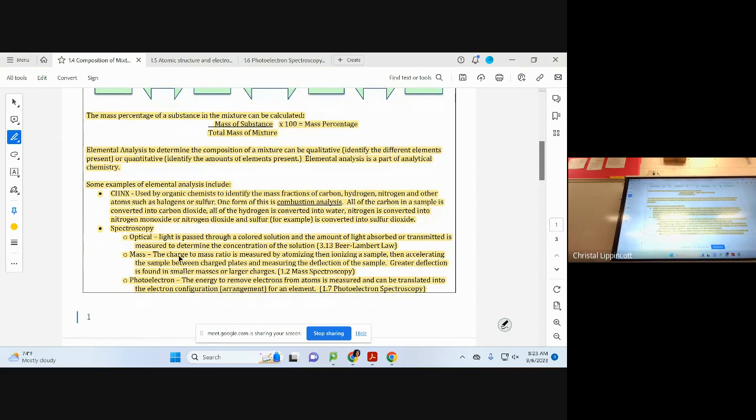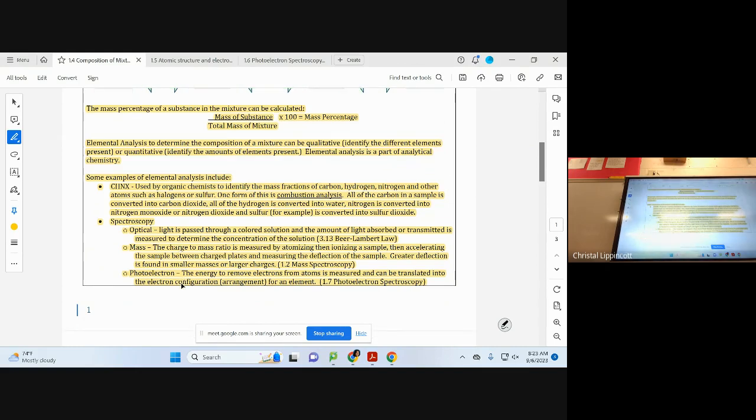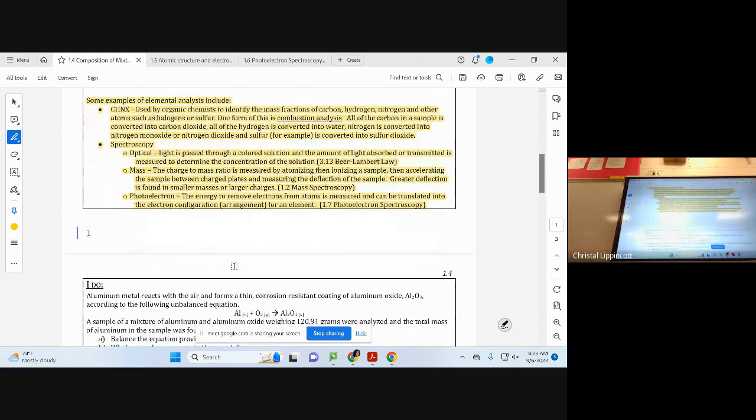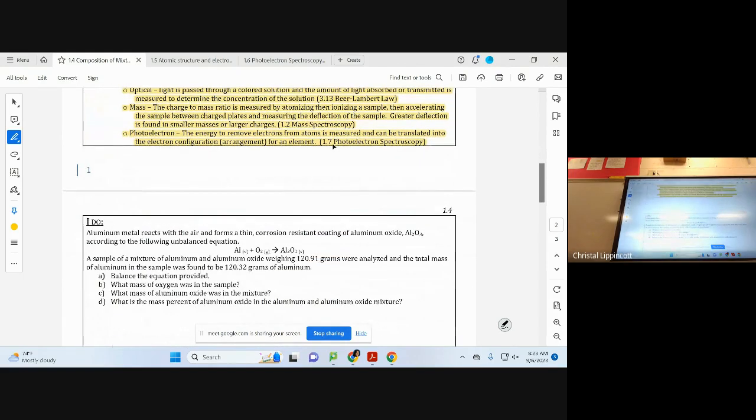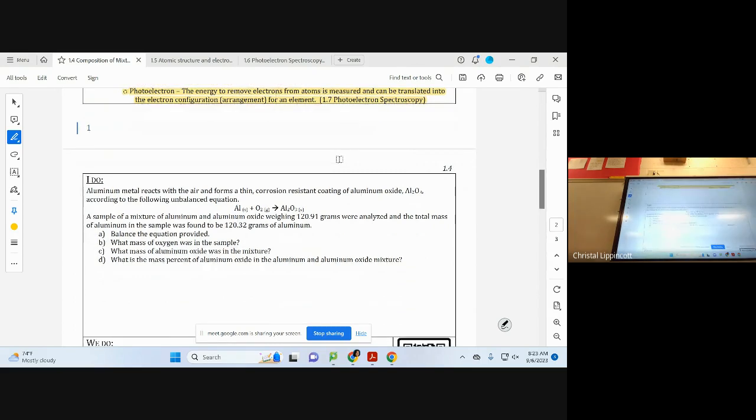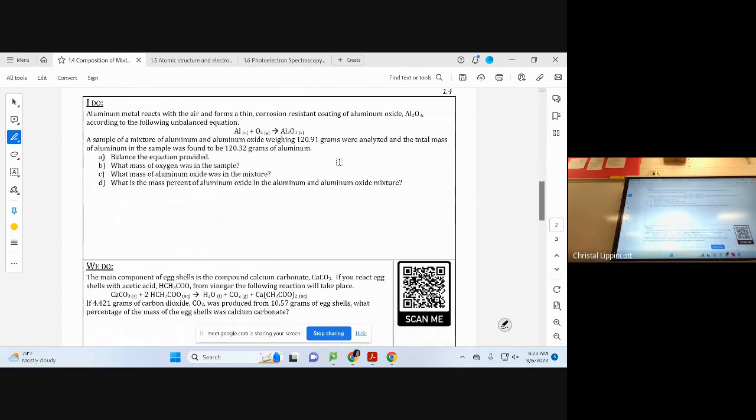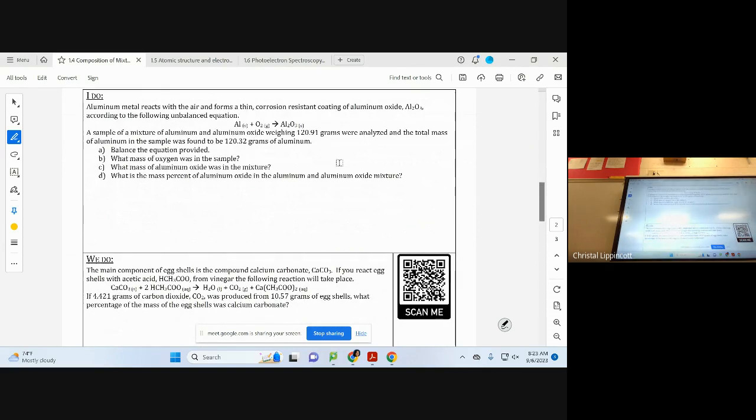You can do it by mass, which is typically what these problems end up having you do. And then there's also photoelectron spectroscopy, which we'll get into a little bit later, when we start getting into periodic trends. I do get into the math of this whole thing.